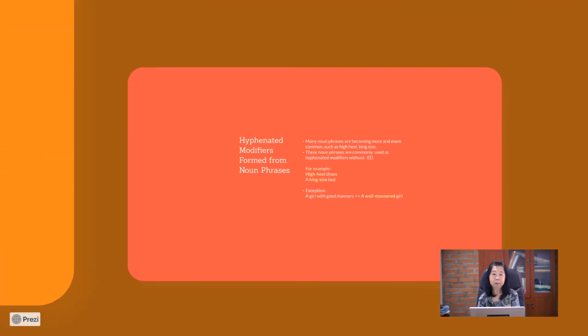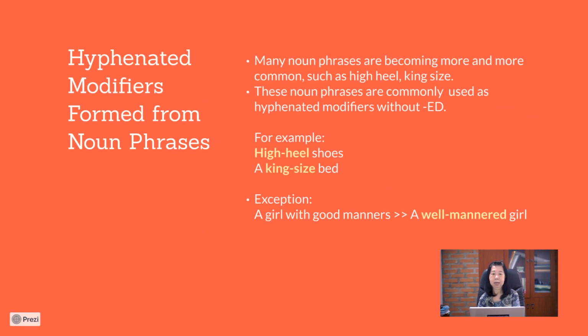There are many noun phrases which are used as noun modifiers. And more common words or phrases such as high heel, king size, are used as noun modifiers, but they are used without -ed.